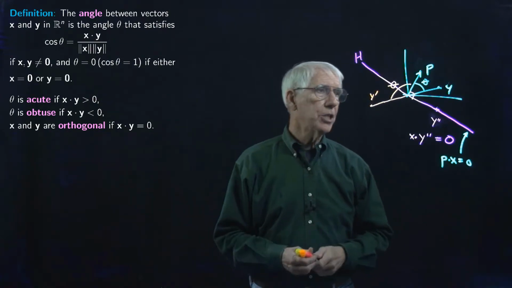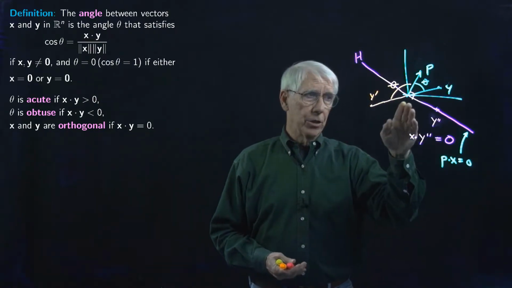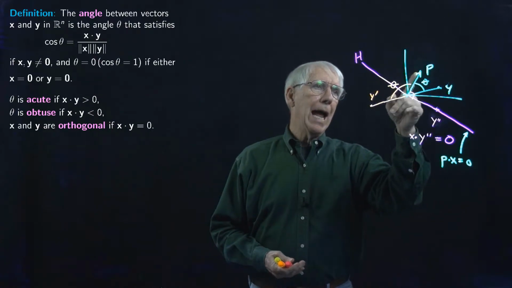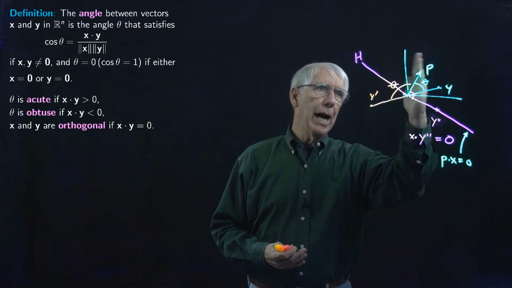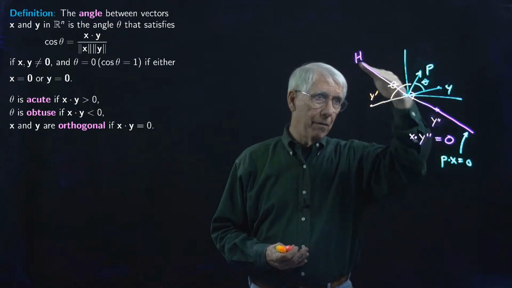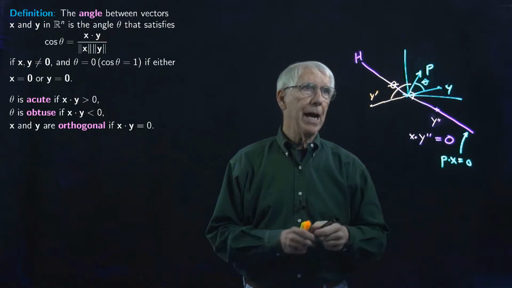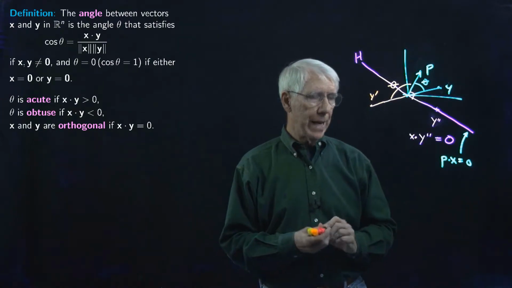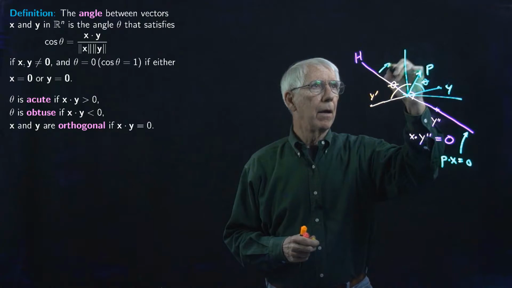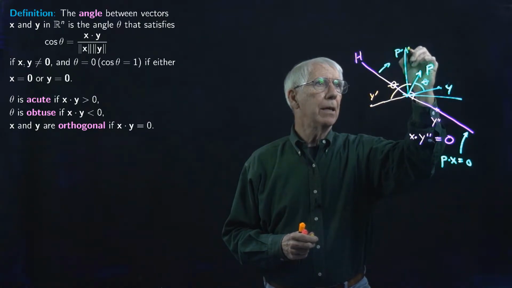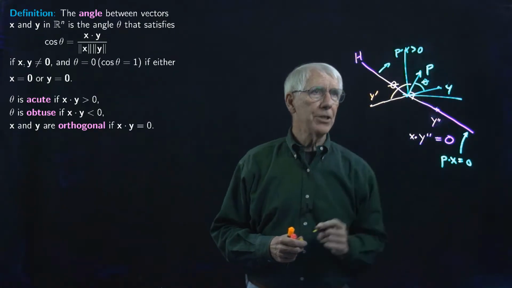And now you'll notice that all the vectors that form an acute angle with p are like this y. They all lie somewhere above this line h. And these are all the vectors here that satisfy p dot x positive.